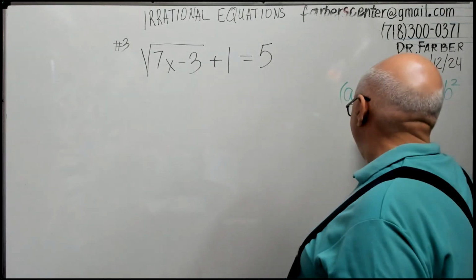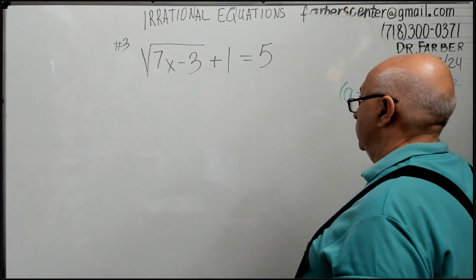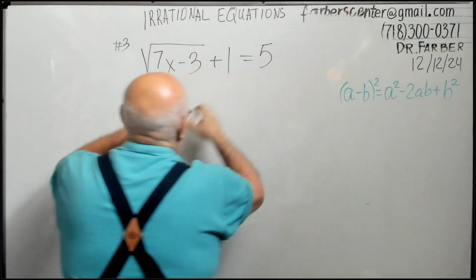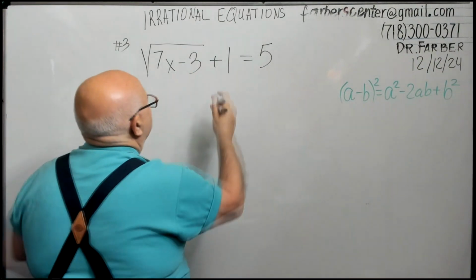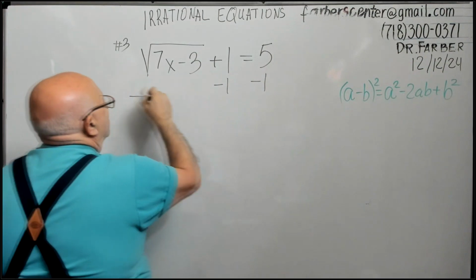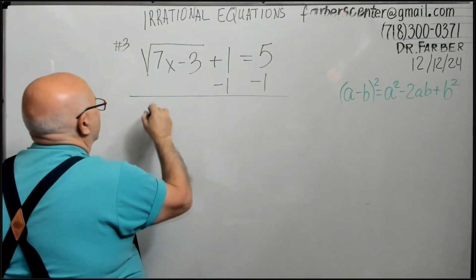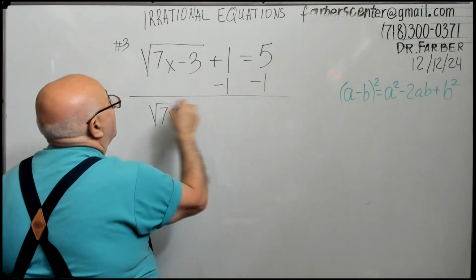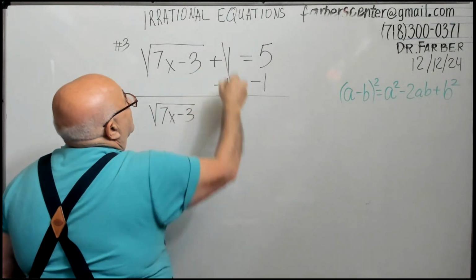When we apply this formula, you will still have a radical. Double product of these two is not good. Make it simple. Minus 1, minus 1. Isolate. And you have square root of 7x minus 3, cancel out, equals to 4.